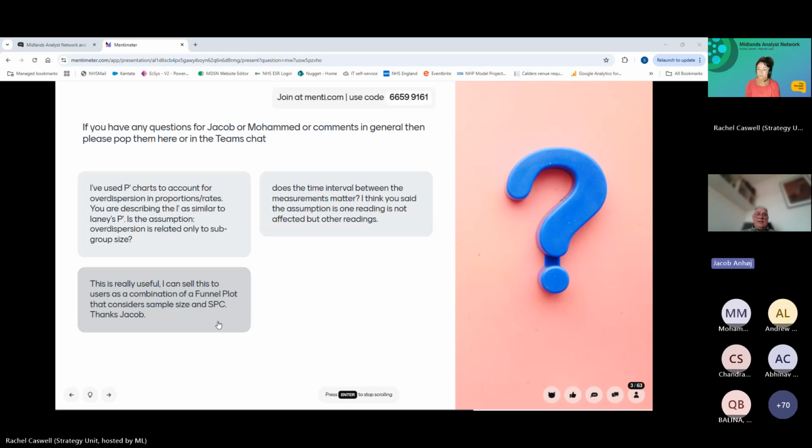But you can use faceted plots as an alternative, and then you will have the best of both worlds. You will have the time, and you will also have the ability to compare between different units that may be regions or hospitals or clusters of whatever you're looking at.